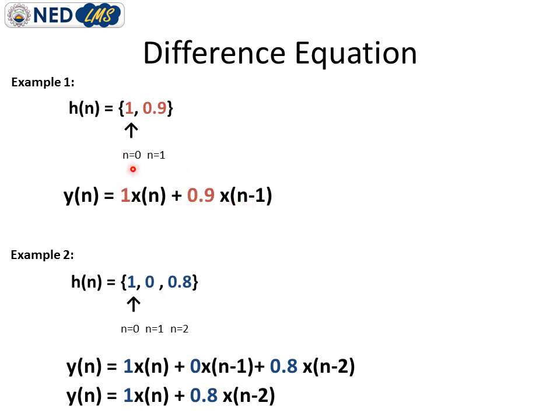For n is equal to 0, the coefficient of x of n is 1. For n minus 1, we have the coefficient 0.9. In this way we can form the difference equation with the help of the impulse response, because the impulse response tells us the system coefficients, but this is only true for FIR filters.